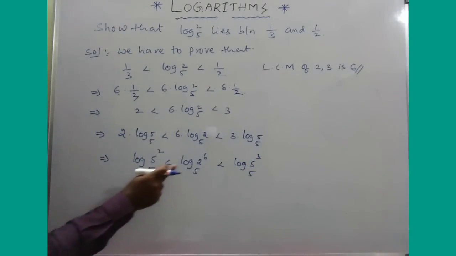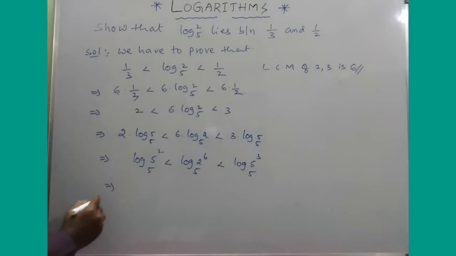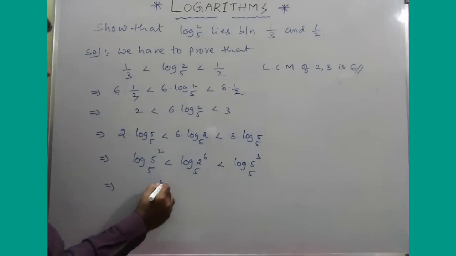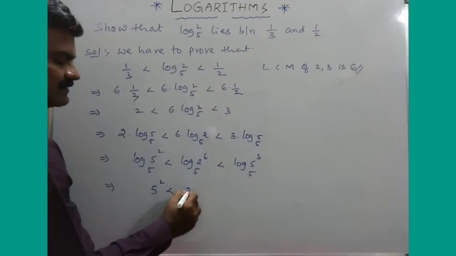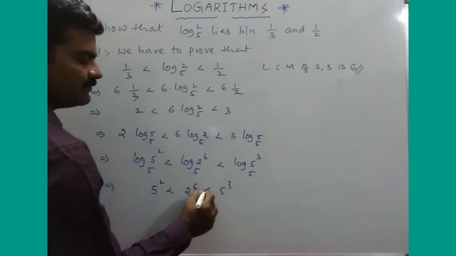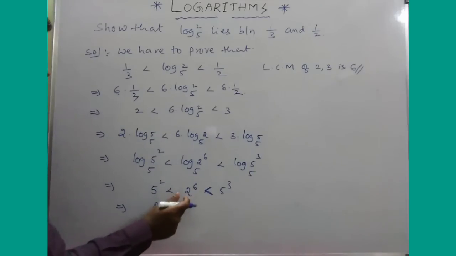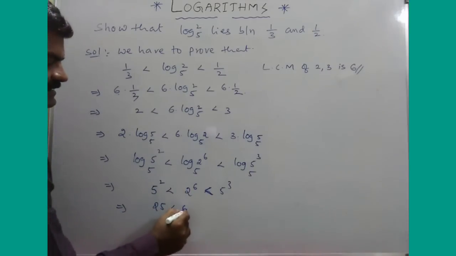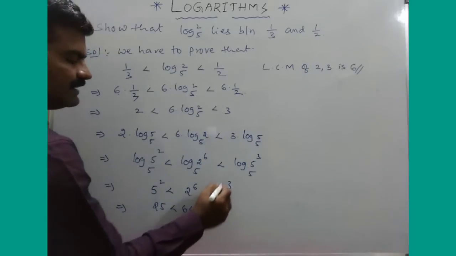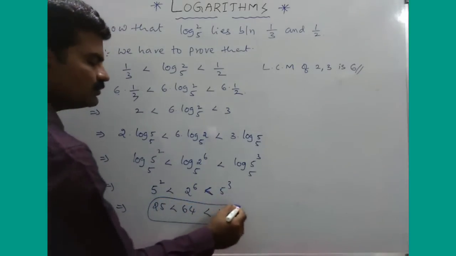Now everything has the same base, that is 5. Hence I can say that 5 square is less than 2 power 6 is less than 5 cube. Here we get like this, isn't it? So what is meant by 5 square, which is 25, and 2 power 6, 64, and 5 cube, which is 125.